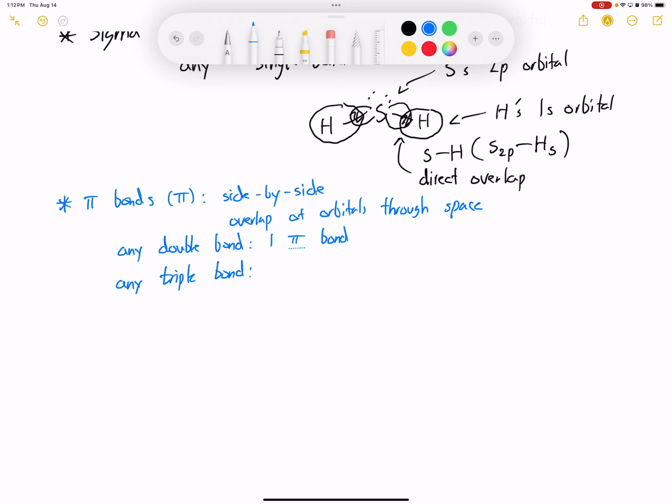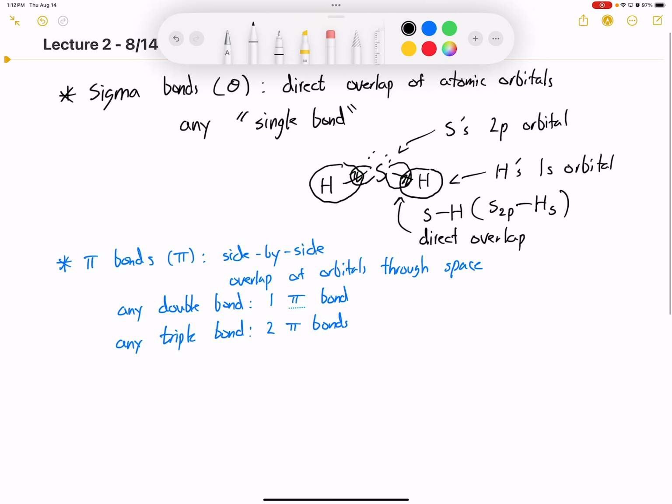Okay, so a triple bond, there's two additional bonds there. So it's not going to be one pi bond, it's going to be two. Okay, so two pi bonds right there. Okay, so let me give you some examples of this.